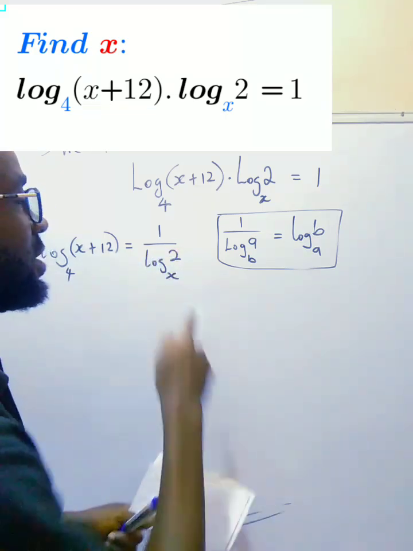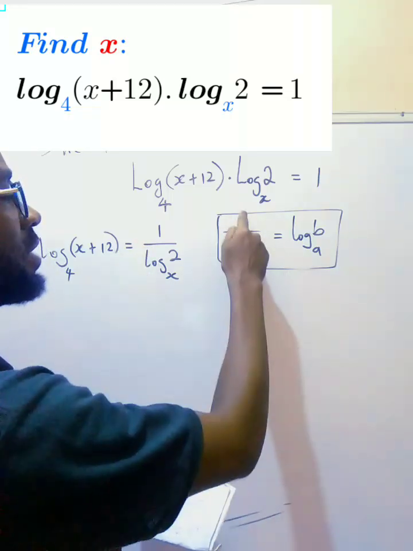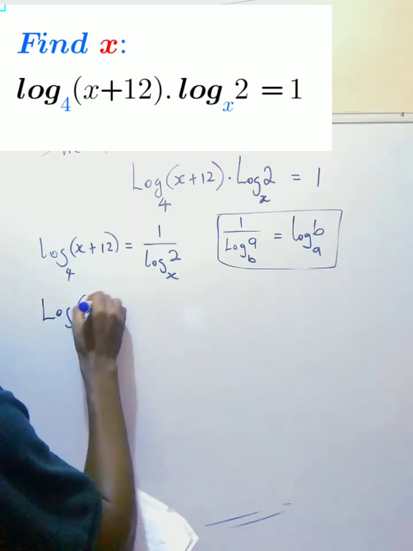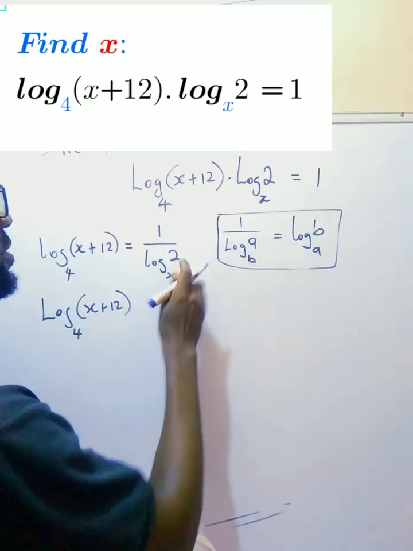So can you now see that this is now similar to this? So we can now apply this identity to this.